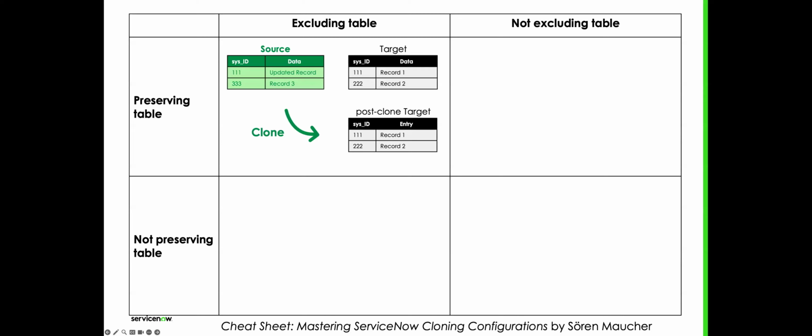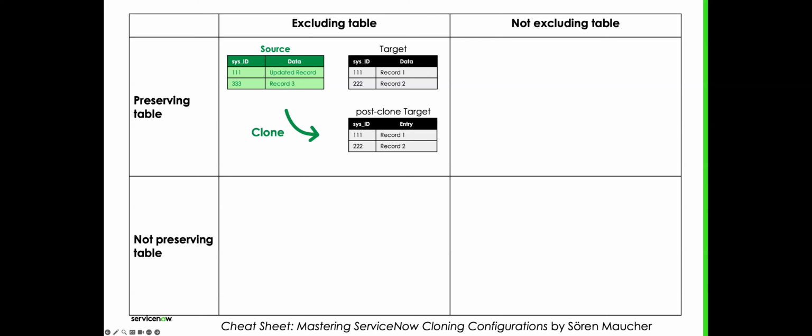In this first example, on the left side, I have the source instance. On the right side, I have the target. On top is the pre-clone target. On the bottom is the result after the clone.